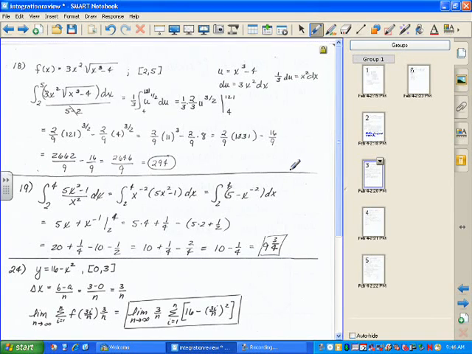Anybody want to talk more about 18? Why did you cancel that 3 up there? And you still have the 1/3 there, you cancel right here? Right there, you canceled that 3 that would be at the bottom. No, I just took this and put it right there.